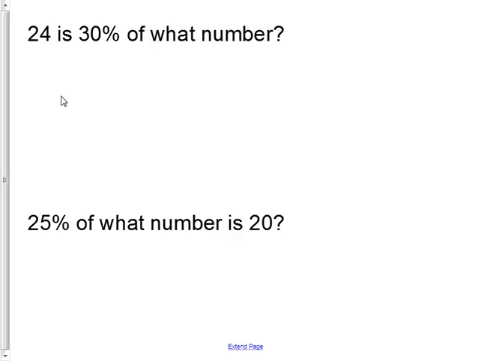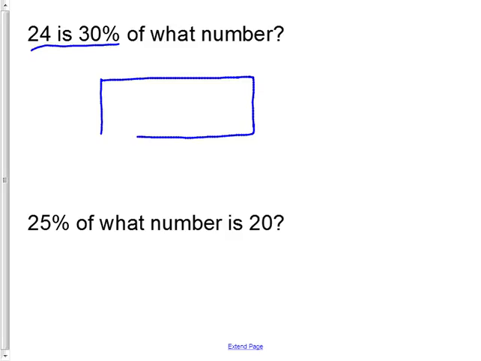So let's look at our first example. 24 is 30% of what number? Now, before I necessarily even have to go to solving this as a proportion, I might think about it as a model. 24 is 30%. So think about that for just a minute, what that means.